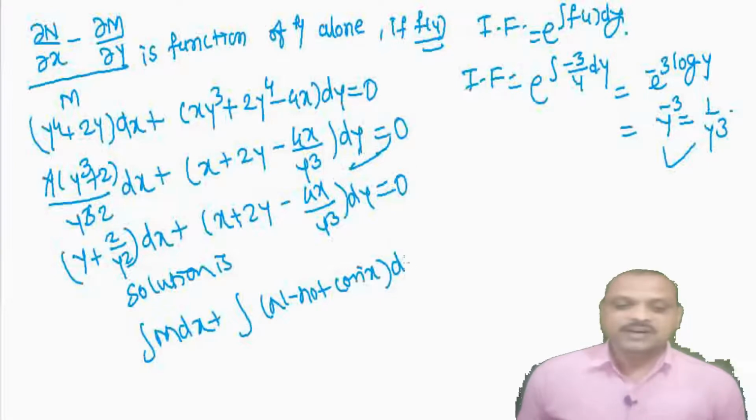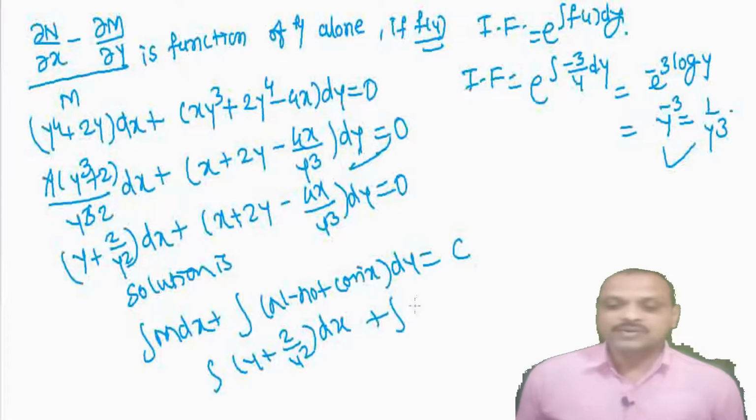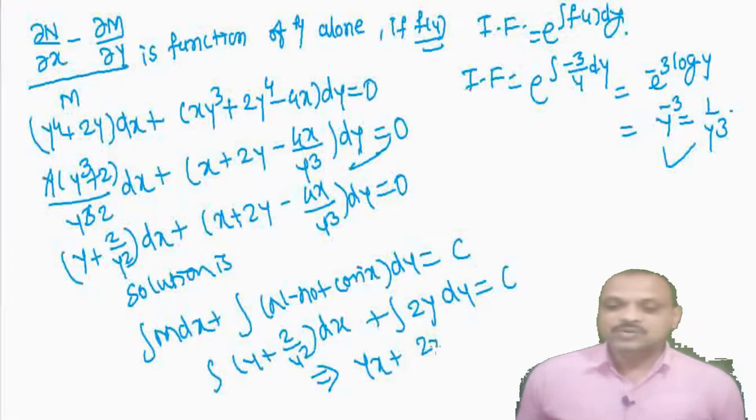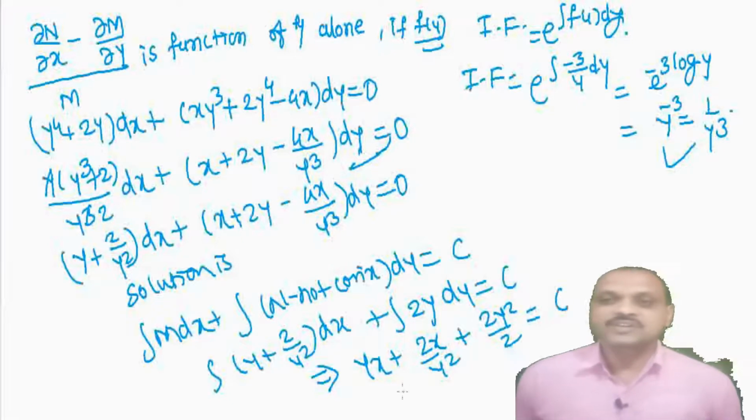Then we have integration of (y plus 2) divided by y square into dx plus, here the term which does not contain x is 2y, into dy equal to c. Integrating this, you can see that yx plus 2x divided by y square plus 2y square divided by 2 equal to c. This is the solution of this equation.